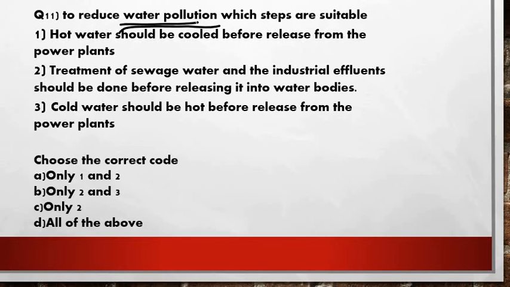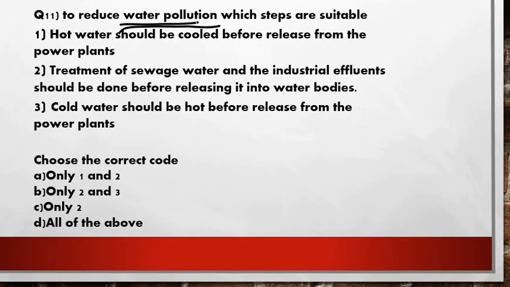Statement 2 says treatment of sewage water and industrial effluents should be done before releasing into the water body. Statement 3 says cold water should be heated before being released from the power plants.